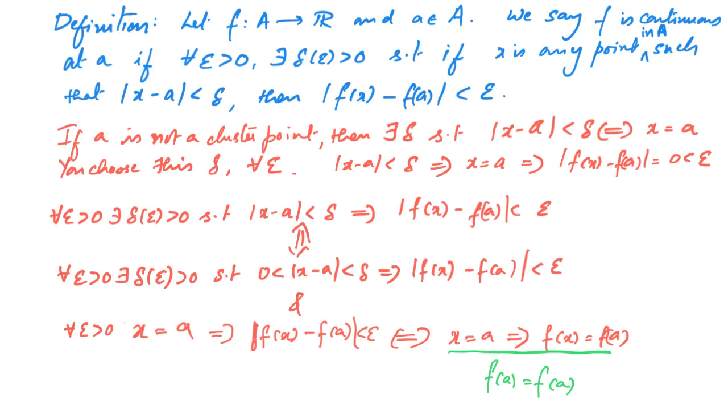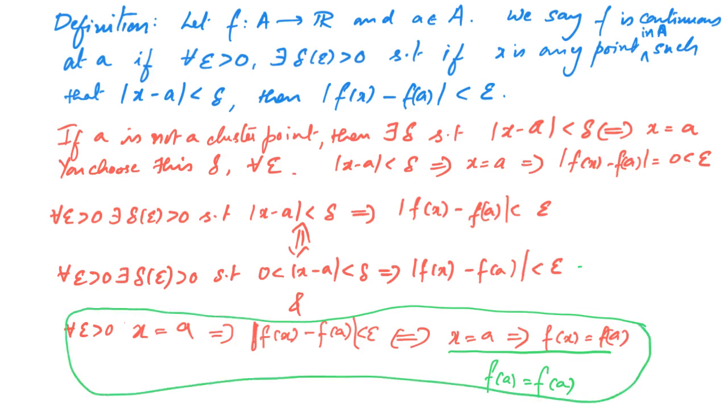So we could have actually ignored this whole thing, and this is equivalent to limit x tends to a of f of x is equal to f of a. So if a is a cluster point, then all we have is limit x tends to a of f of x is equal to f of a. And hence, this definition matches with our earlier definition.